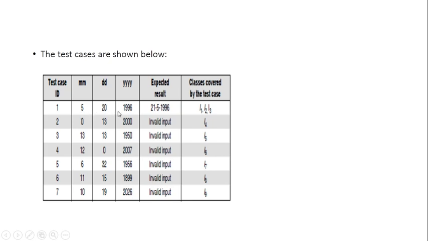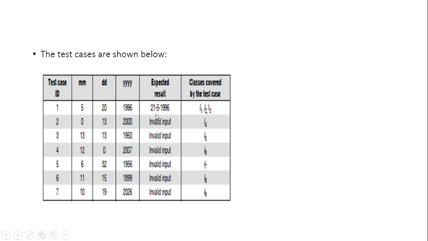So how? See, we will be taking the nominal values in the given range, that is 5, 20 and 1996. So what should be the expected result? The next date. So you have taken 20 May 1996, and it will print 21st May 1996, that is the next date.